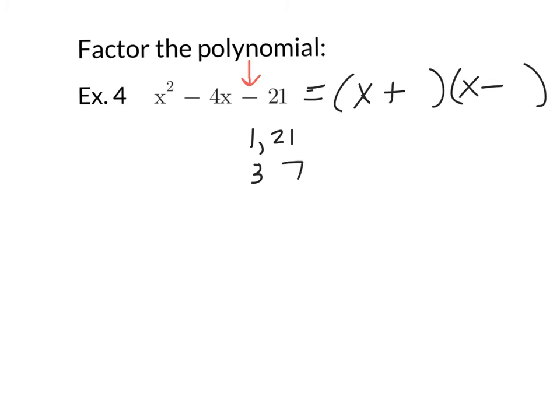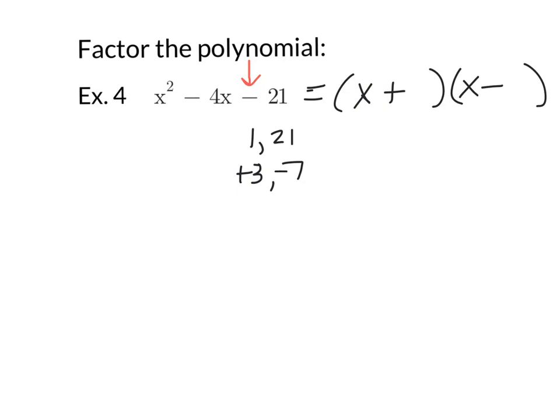Okay, now, again, one has to be positive and one has to be negative such that they add up to negative 4x. So I hope that's obvious to you then that the 3 needs to be positive and the 7 needs to be negative, because when we add 3 and negative 7, they add up to negative 4, and when we multiply them, their product is negative 21.